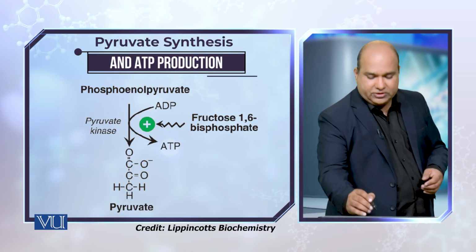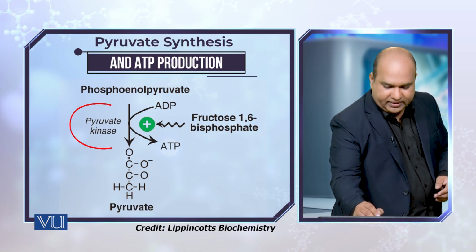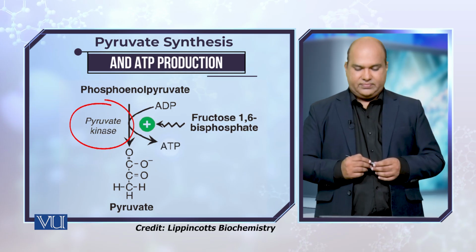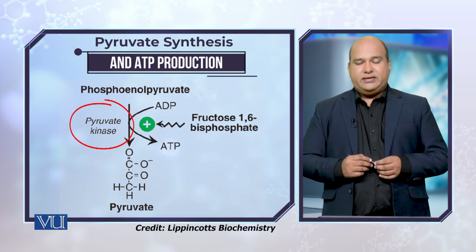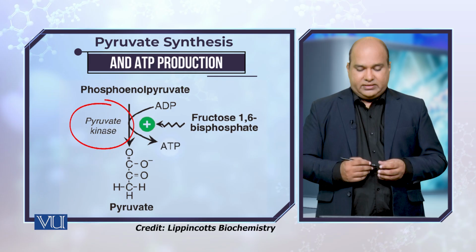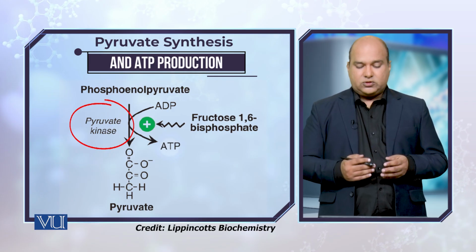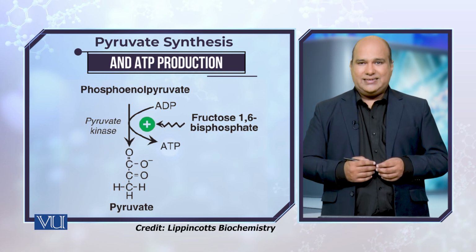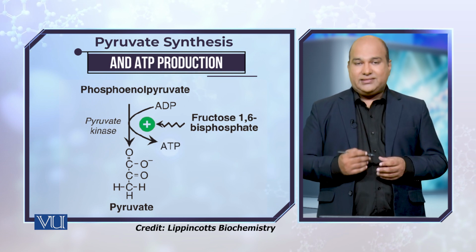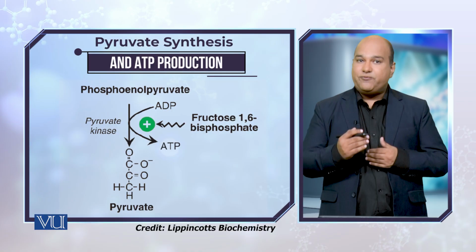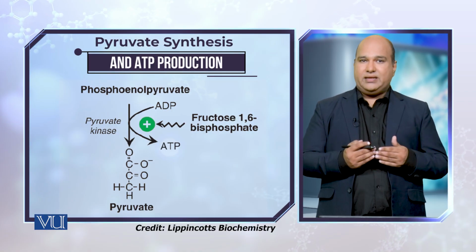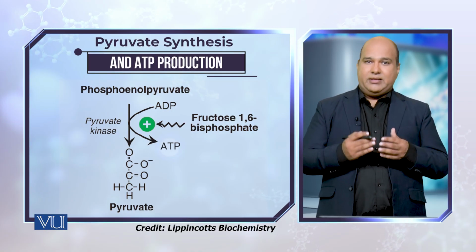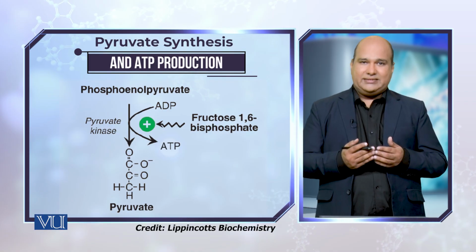The enzyme used here is pyruvate kinase, and here fructose 1,6-biphosphate acts as the positive regulator. This is an example of feed forward regulation of enzymes.